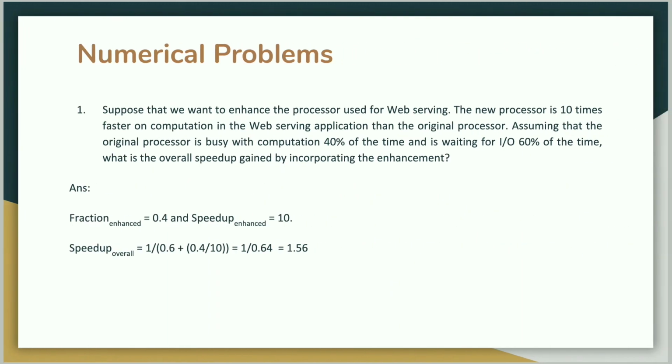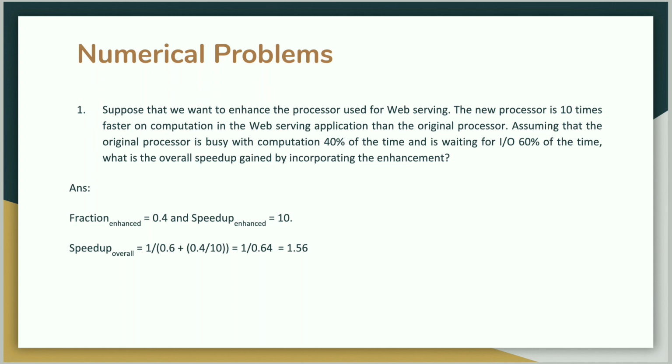Now a numerical problem on Amdahl's law. Suppose that we want to enhance the processor used for web serving. The new processor is 10 times faster on computation in the web serving application than the original processor.